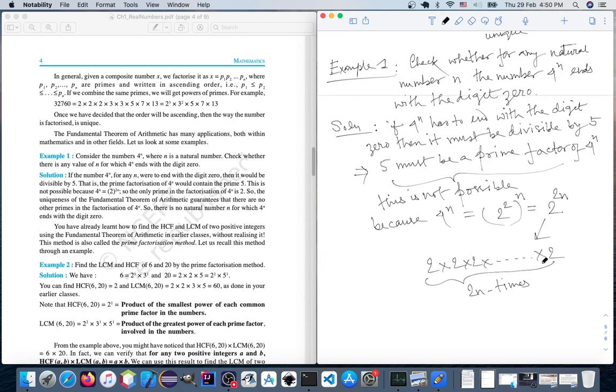This proves that 5 is not a prime factor of 4 to the power n, and this finally proves that 0 cannot be the last digit of 4 to the power n, because 5 is not a prime factor of 4 to the power n. I hope it's clear.